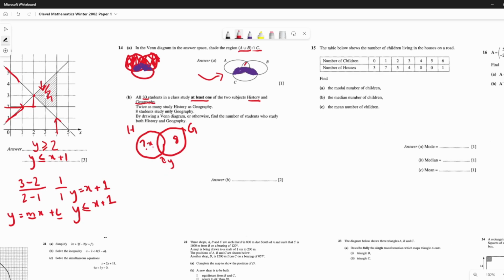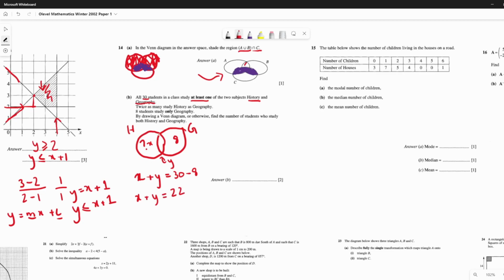So we know that X plus Y, this bit, would basically be 30 minus 8, because just the people that only study geography are out of this. So X plus Y, we know, would be 22 students.